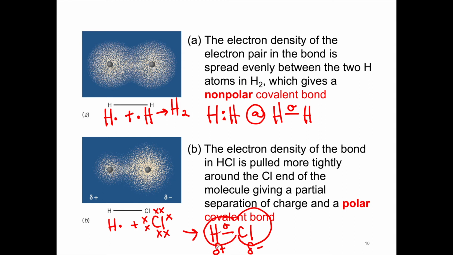But what happens to the electron cloud between the two hydrogens in H2? They are the same because we don't have any difference between these two hydrogens, compared to hydrogen and chlorine. So because we have a difference between delta positive and delta negative, we call it a polar covalent bond, while this one we call a non-polar covalent bond.